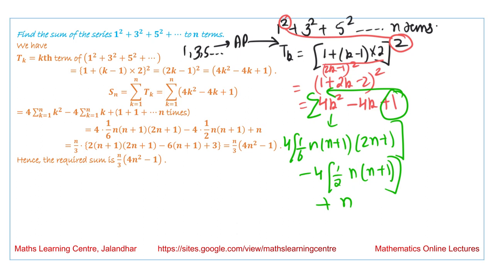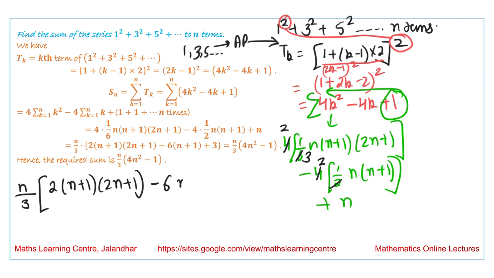Now if we adjust these values, we write n by 3 common. The first term we are left with is 2 times (n plus 1) into (2n plus 1). From the next term, we write 2 over here, taking 3 common, so we are left with minus 6 (n plus 1), and the last term we are left with is 3, n we have already taken common.